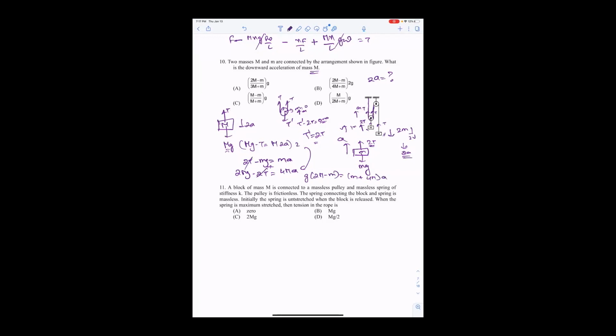Am I right? So from this, I'll get acceleration a is equal to 2 capital M minus small m into g by small m plus 4 capital M. For me to explain, it might sound lengthy, but it's very easy to solve. Once you write T, 2T and all, it is very easy to solve.